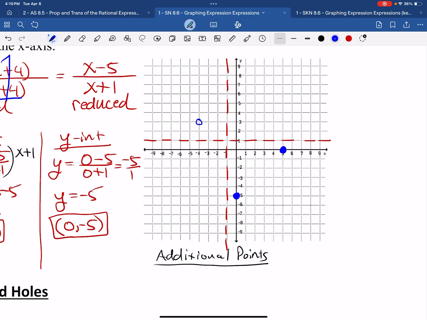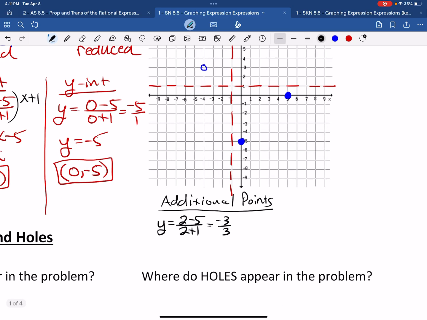So we're going to substitute 2 in for x. So y is going to be equal to 2 minus 5 over 2 plus 1, which is negative 3 over 3. Therefore, y is equal to negative 1. So this is the point (2, -1). So I got a third point on my graph, (2, -1).